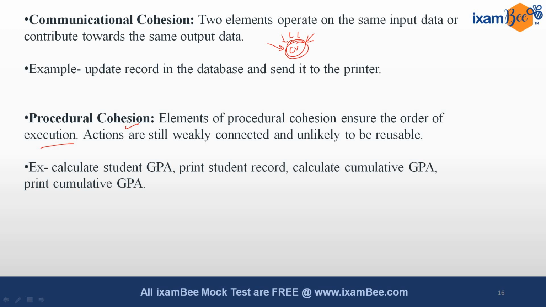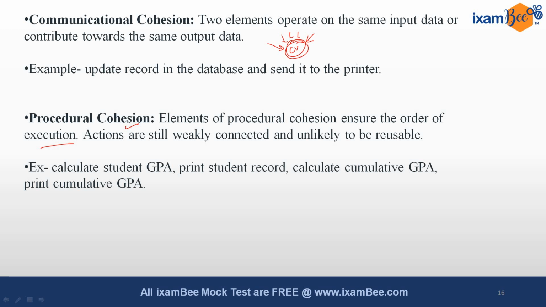Here this defines the order of the procedure, and this is actually not that great. The actions are still weakly connected and unlikely to be reusable because there is a set defined procedure. So it will not be reusable if there is a change in the scenario.